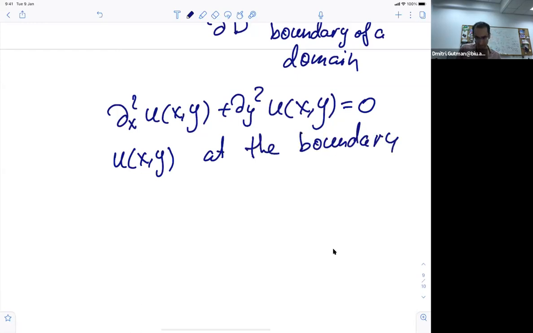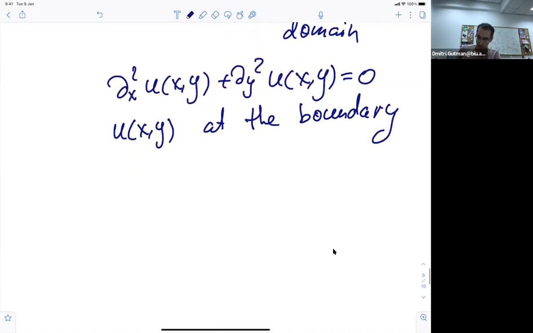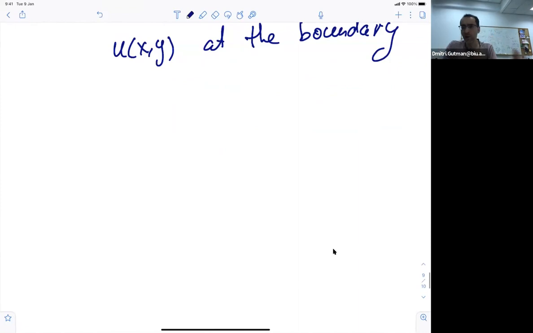And the domain can be any domain on the plane. So let us see how knowing complex analysis facilitates solving this kind of equation. Of course, you can solve this equation without knowing complex analysis, but let's try to connect it with complex analysis and with conformal mappings.